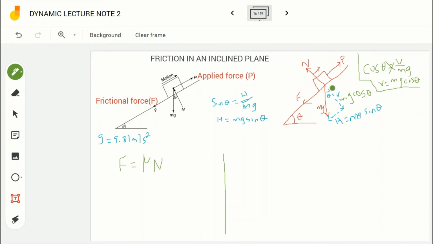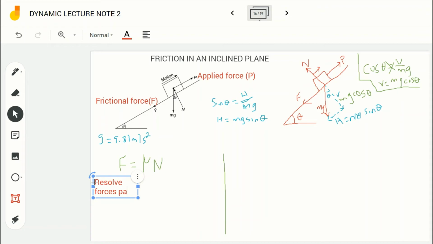So we have to resolve forces parallel to the plane and forces perpendicular to the plane. The first thing we do is resolve forces parallel to the plane.